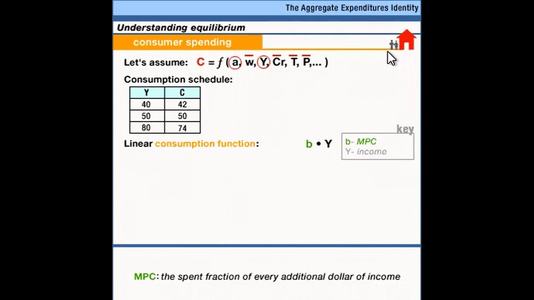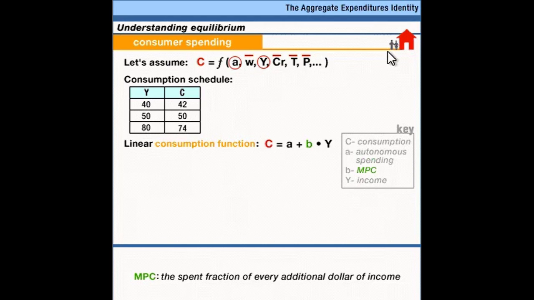Now, if we add to it an autonomous component, A, then we get consumer spending, a linear consumption function. A plus marginal propensity to consume times income is equal to consumption. C equals A plus BY. This is a nice, simple, linear consumption function.